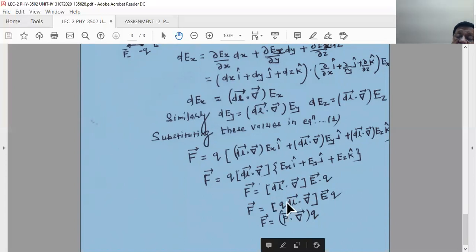So it is a vector P. So the net force acting on the dipole is equal to the product of vector P with the del operator, and if you take this scalar product, it is operating on vector E. Please remember, this is not q, but it is vector E. So the net force acting on the dipole will be equal to P dot del into vector E. Please remember, whenever you keep a dipole in a non-uniform electric field, it will experience a net force, and the expression of the net force acting on the dipole is equal to vector P dot del operator operating on the electric field.